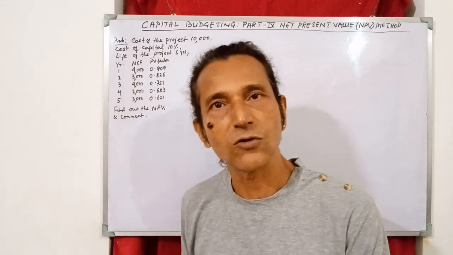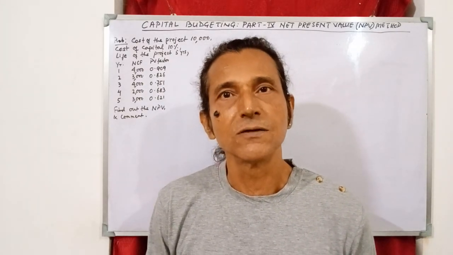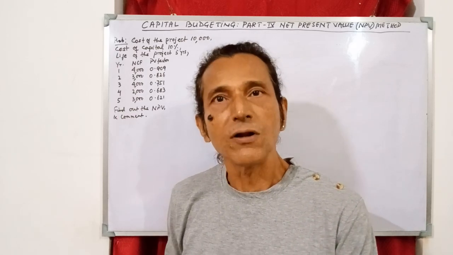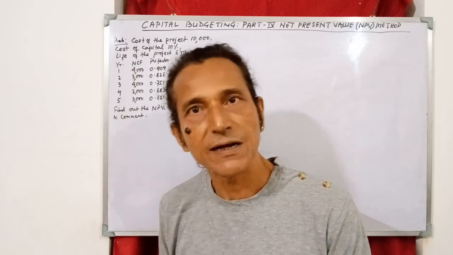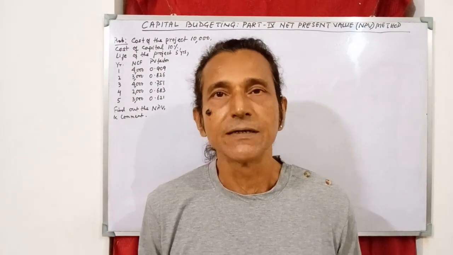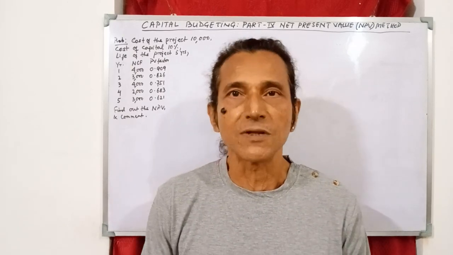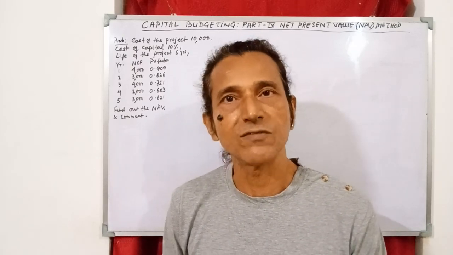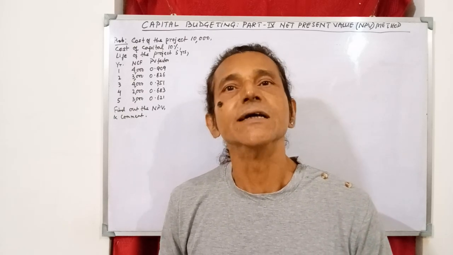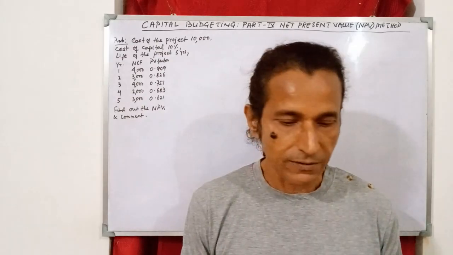So all cash inflows are converted into present value and they are added to find out the present value of cash inflows, and all cash outflows are similarly converted into present value by applying a discounting rate, and that is called the present value of cash outflows. From the sum of present value of cash inflows, the sum of present value of cash outflows is deducted and the result is net present value. Correct?